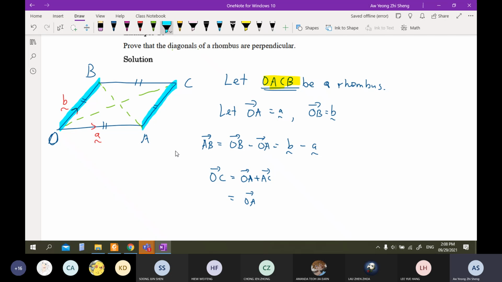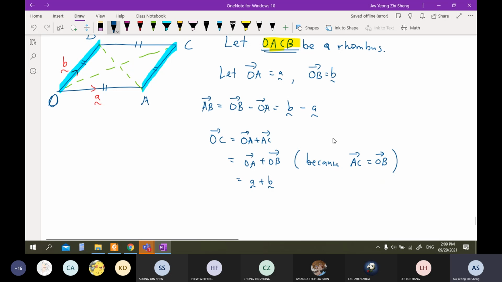Since AC and OB have the same direction and same length, I can happily replace AC by OB, because AC and OB are equal vectors. Equal vectors means same direction and same length. Then I can write this as A plus B. To ease my computation later, I will just rearrange and write it as B plus A.